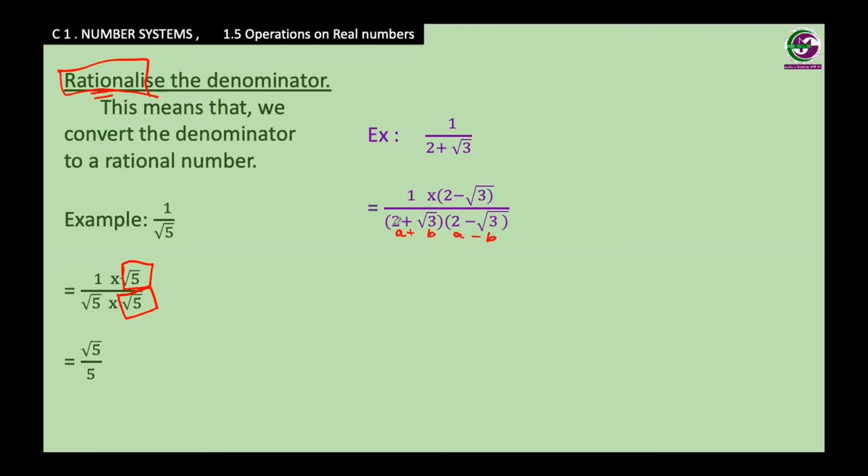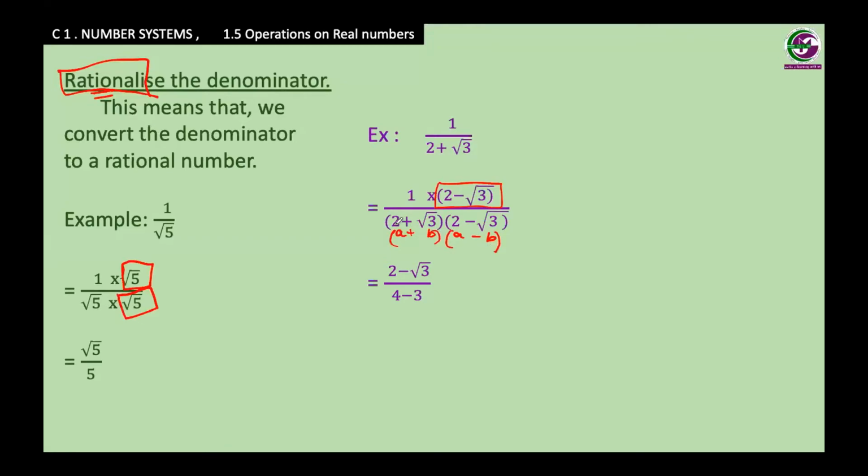Okay, so 2 plus root 3 was the question. So you rewrite 2 minus root 3 in the denominator. Again, the same thing in the numerator as well. Okay, now let us simplify this one. In the numerator, you have 1 times 2 minus root 3, 2 minus root 3. And the denominator is a plus b into a minus b. What is a plus b into a minus b? A square.